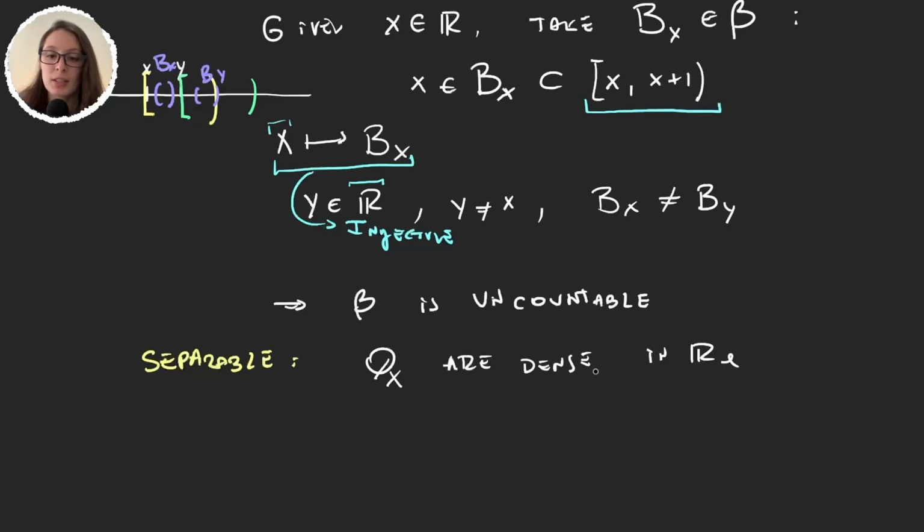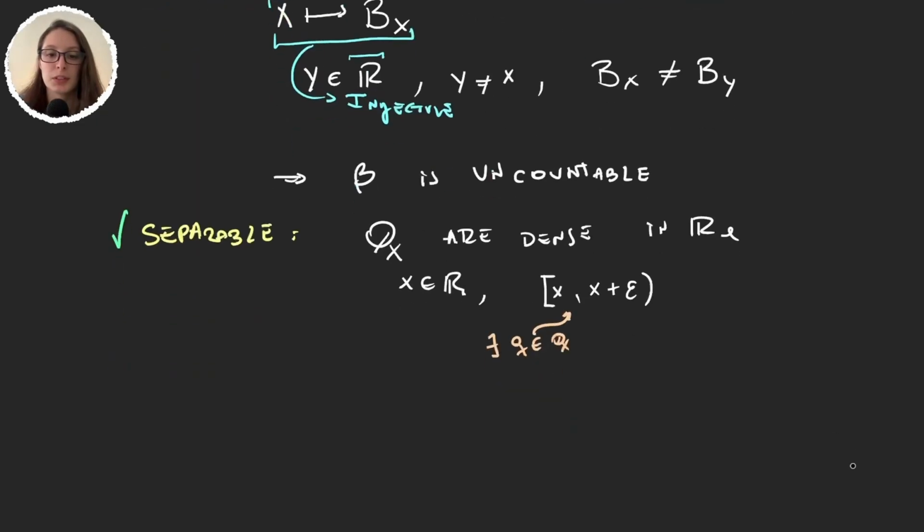The rational numbers are dense in RL because if we take any x in the real line and consider some neighborhood of that element of the form [x, x + epsilon), we know that there will always exist some rational number q that is inside this interval. I'll try to write this proof better, but this is essentially showing us that the elements in the real line are in the closure of the rational numbers, meaning that the rational numbers are dense in the real line.